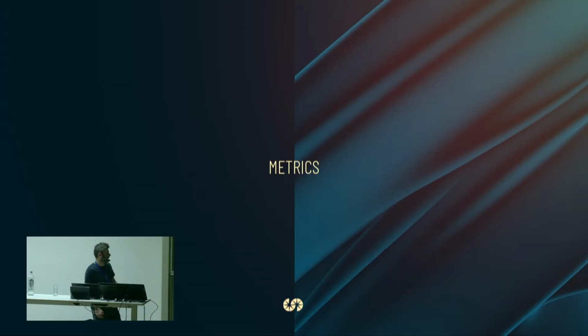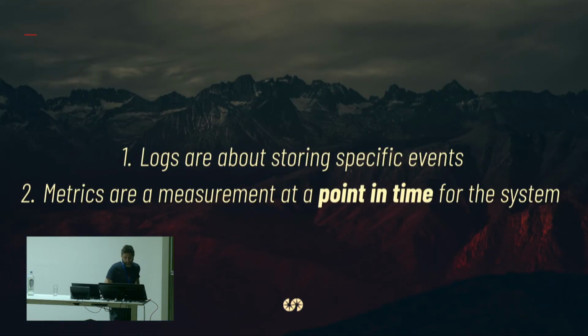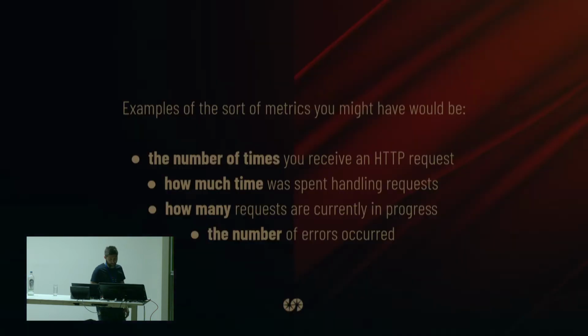Okay. The second pillar we will talk about is metrics. And metrics are a measurement of a point in time for the system. So we measure a value that our system has at a specific time.